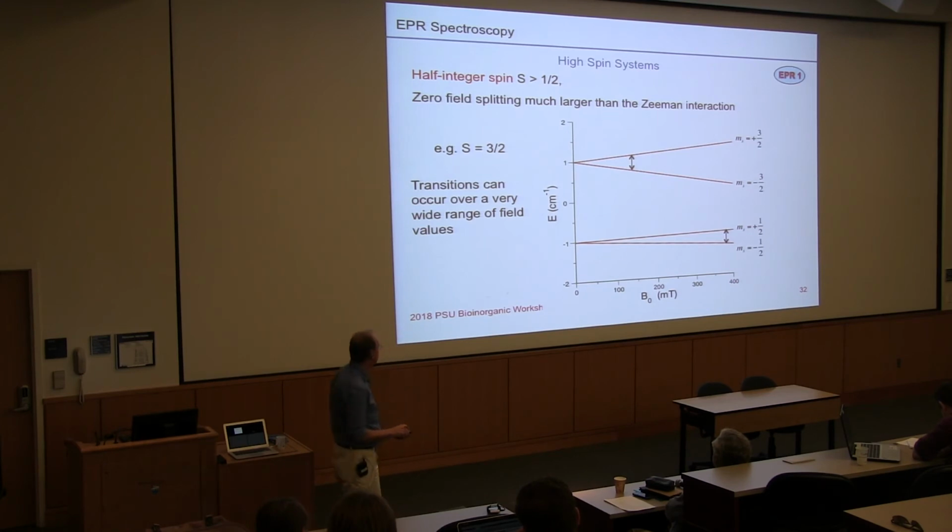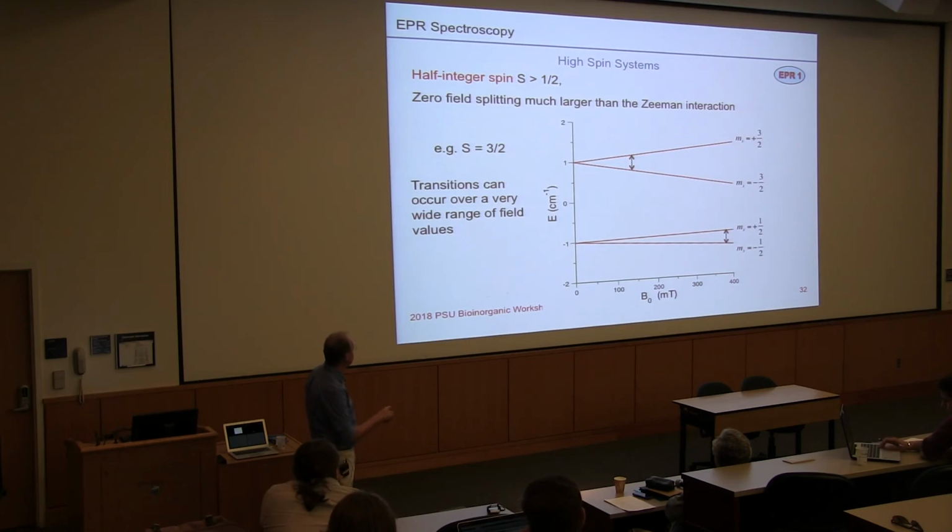And so for this pair of levels, everything is basically the way that we had before. But I also now have higher levels here, which are, in this case, plus minus 3/2, and I could have more if the spin were higher. And because the m sub s here is a larger value, the dependence on the field is higher, right? And so I can cause transitions between these levels, but they will occur at much lower field than where the transitions for the plus minus 1/2 levels would happen, right?